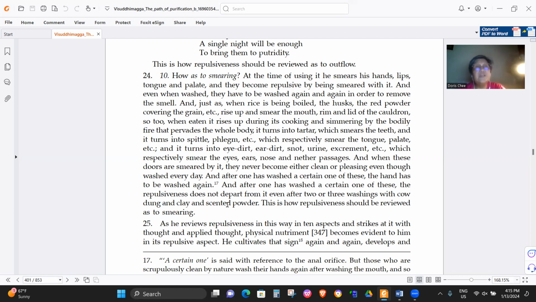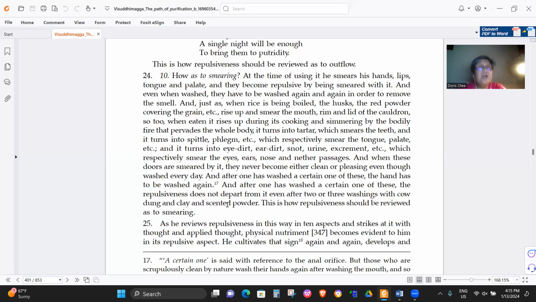It turns into tartar. It smears the teeth, and it turns into spittle, phlegm, etc., which respectively smear the tongue, palate, etc. It turns into eye dirt, ear dirt, snot, urine, excrement, etc., which respectively smear the eyes, ears, nose, and nether passages. Even these doors are smeared by it.